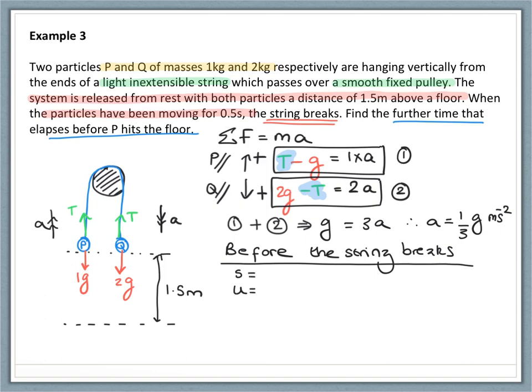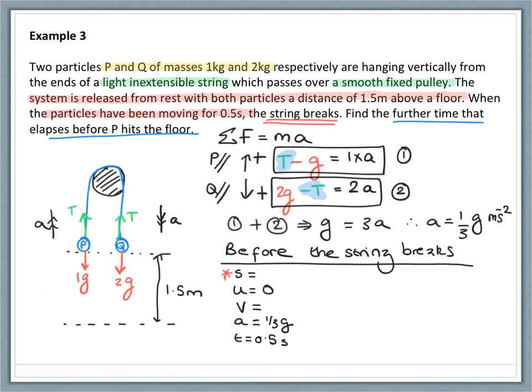u is equal to 0 because the system was at rest. v we don't know, but we may want to work out v potentially. Acceleration is 1/3 of g, and the time we know is 0.5 seconds. So let's work out the distance first of all. So this means we're going to calculate s.